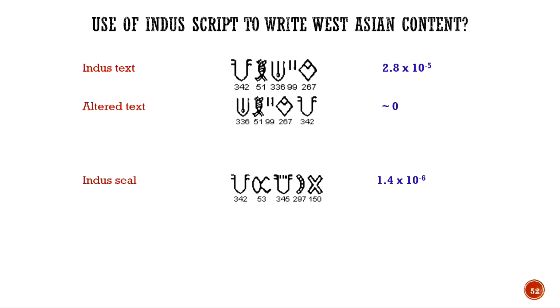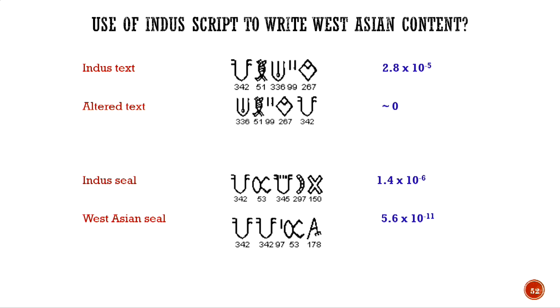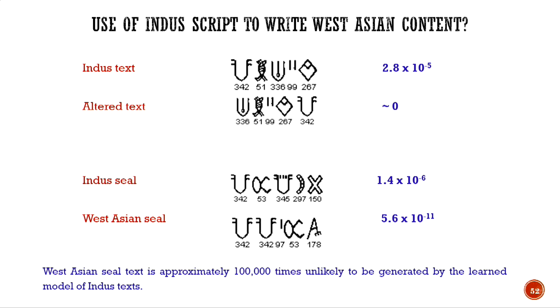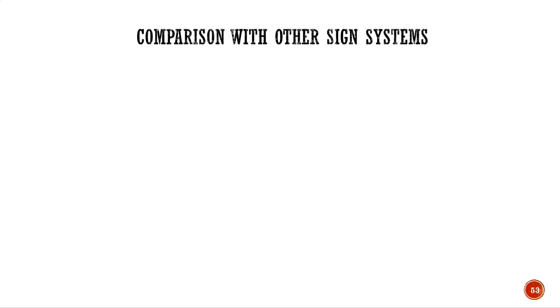The likelihood of that text is of the order of this. If we now plug in this text, you can see the likelihood is very low. So the West Asia seal is approximately 100,000 times unlikely to be generated by the learned model of the Indus text.